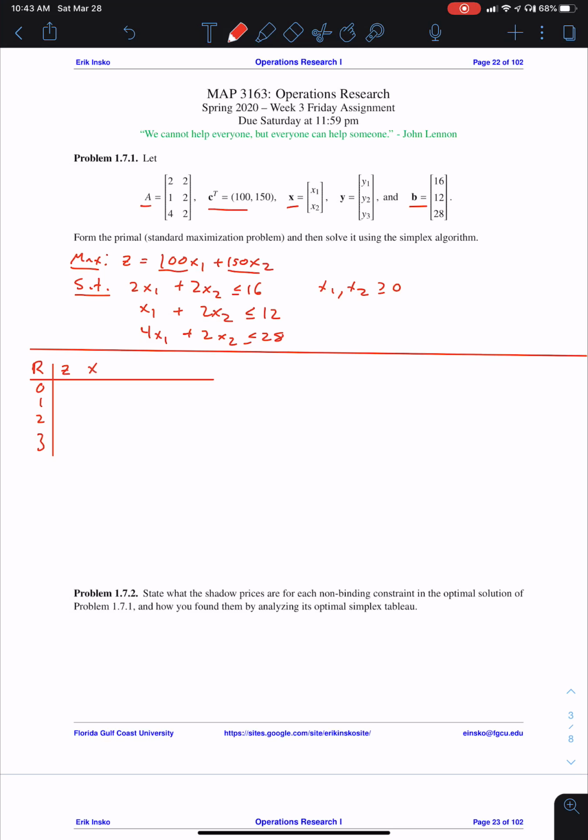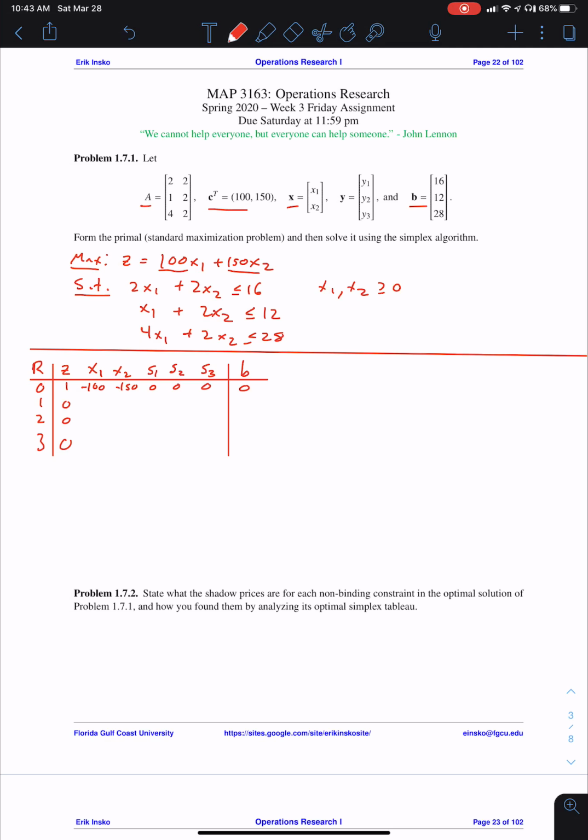You have your z, x1, x2, s1, s2, s3, and your b. There's only going to be one z, plus zeros, and we move everything over from the objective function to the left. So it produces negative 100, negative 150, 0 slack variables, and right now it's 0.